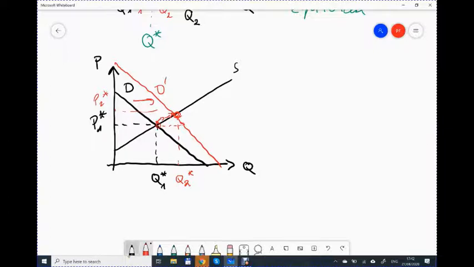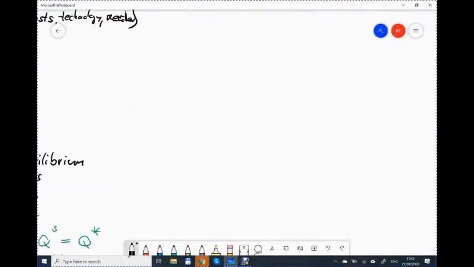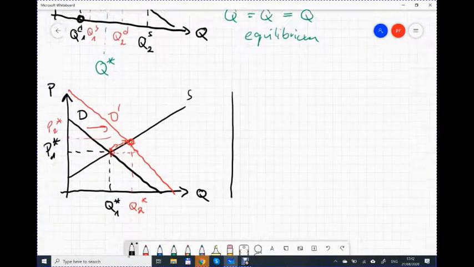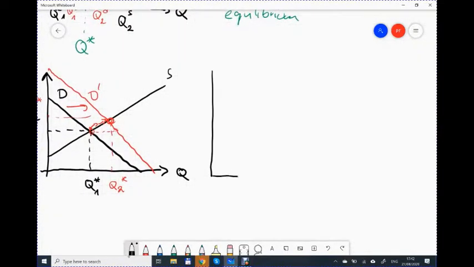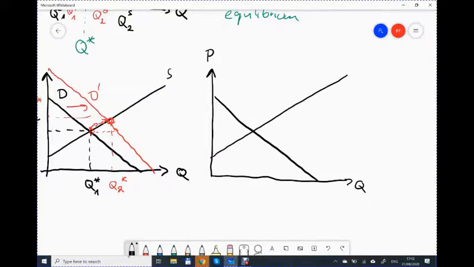A similar situation could also happen if we have a change in the factors affecting supply. So let's assume that there is a bad harvest, which would just simply cause a leftward shift of the supply.